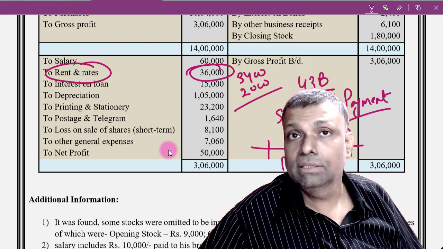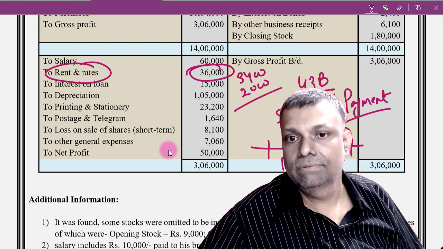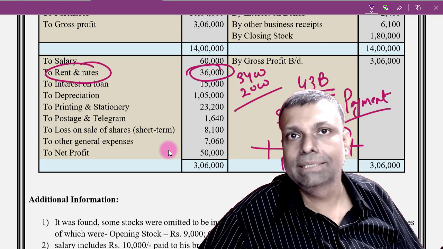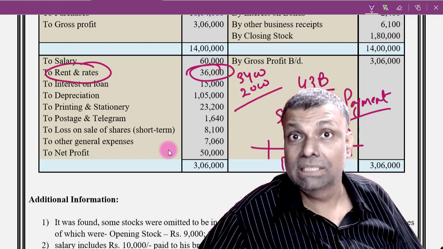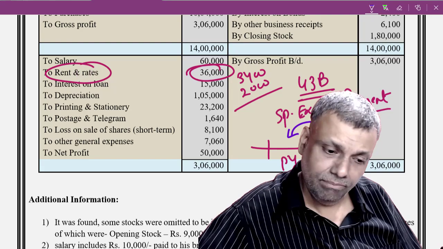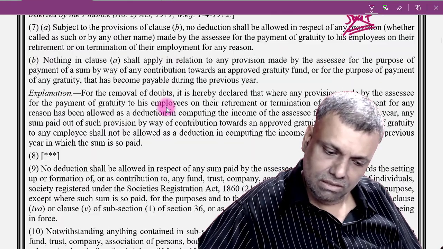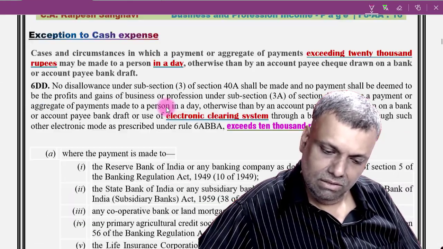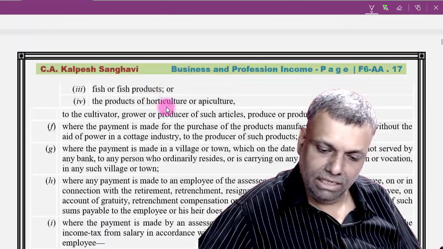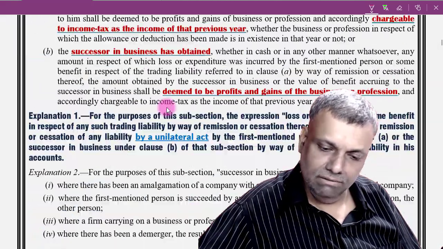But only the specified items of the expenditure which are covered by Section 43B, not all the items. So Section 43B, all this basic hardcore technical explanation I will give.